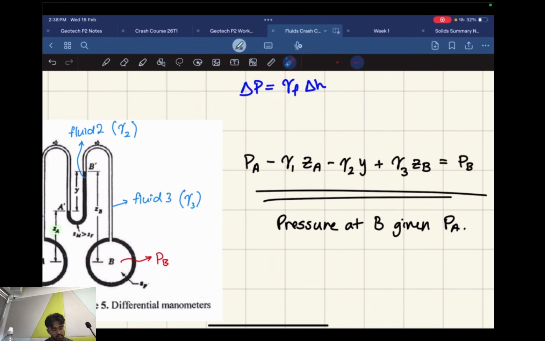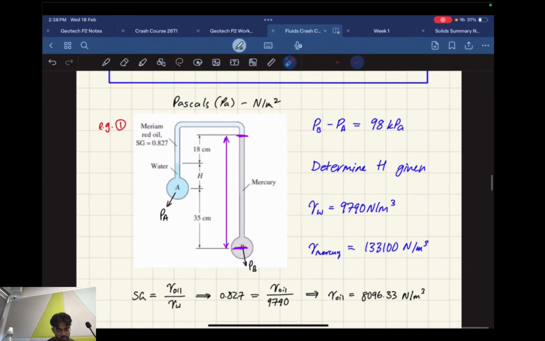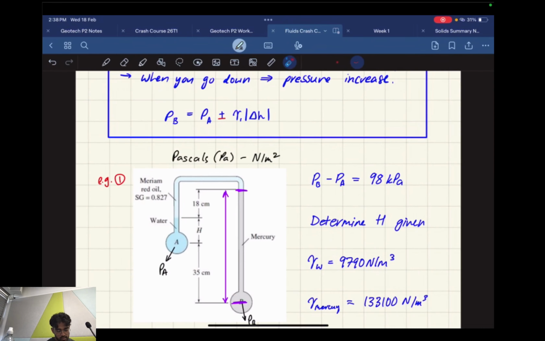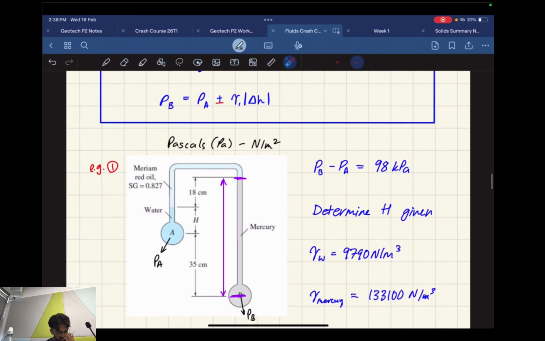Now, in that case, I get you guys to do a question here. Can you guys see that? What you guys need to do is determine this height h down here. Given that PB minus PA is equal to 98 kilopascals, I've given you the unit weight of water and the unit weight of mercury.